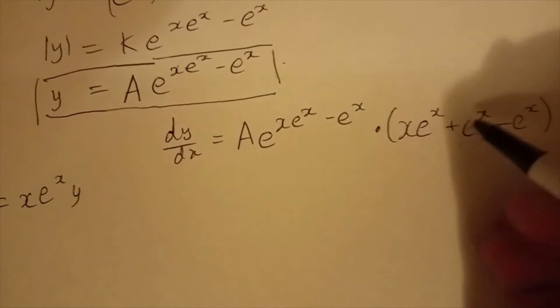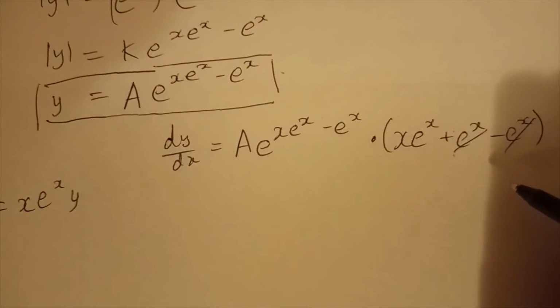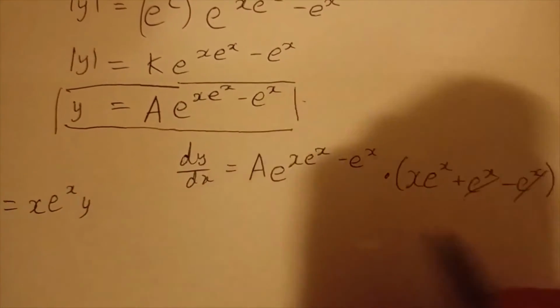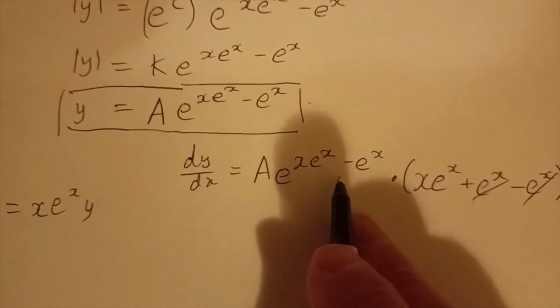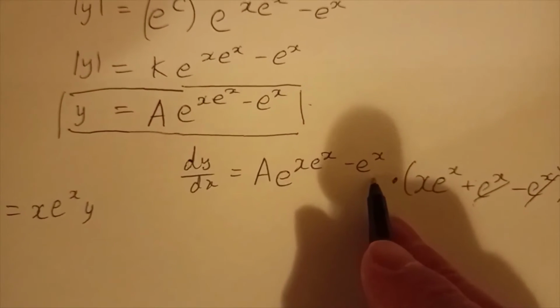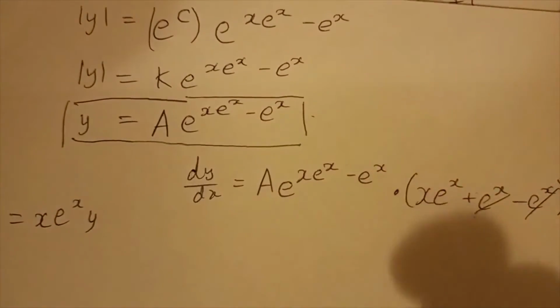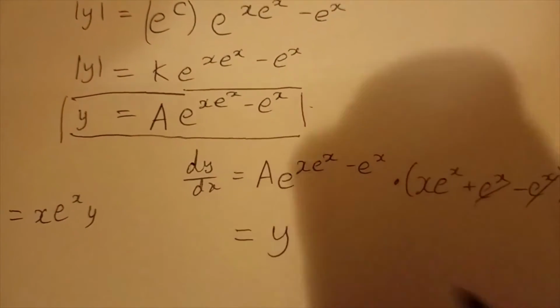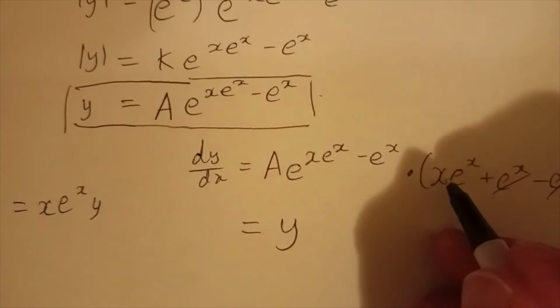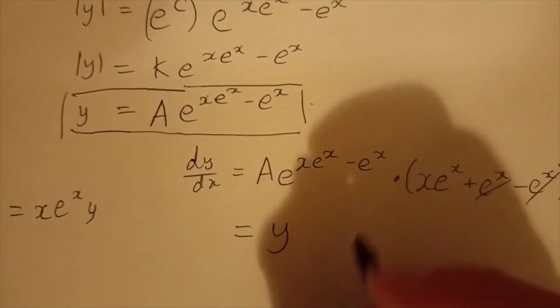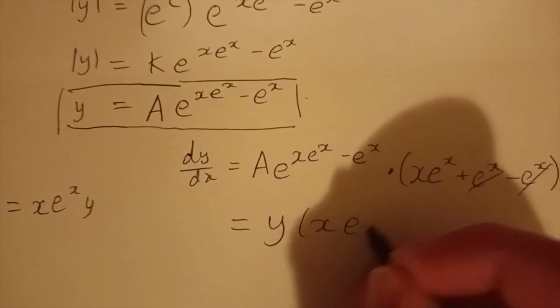Now this term and this term cancel out, so we're just left with this function here, which is the original function, y, times x times e to the power x.